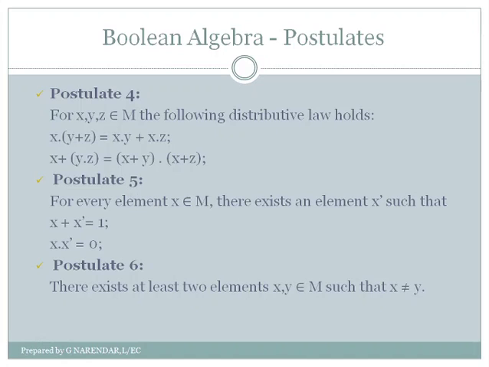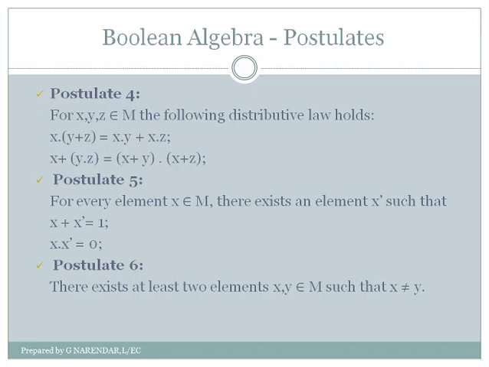So for every element x that belongs to the set M, there exists an element x cap or x complement such that the OR operation performed between the element and its complement equals 1, and the AND operation performed between the element and its complement results in 0. So this is how the complement is defined by postulate 5.